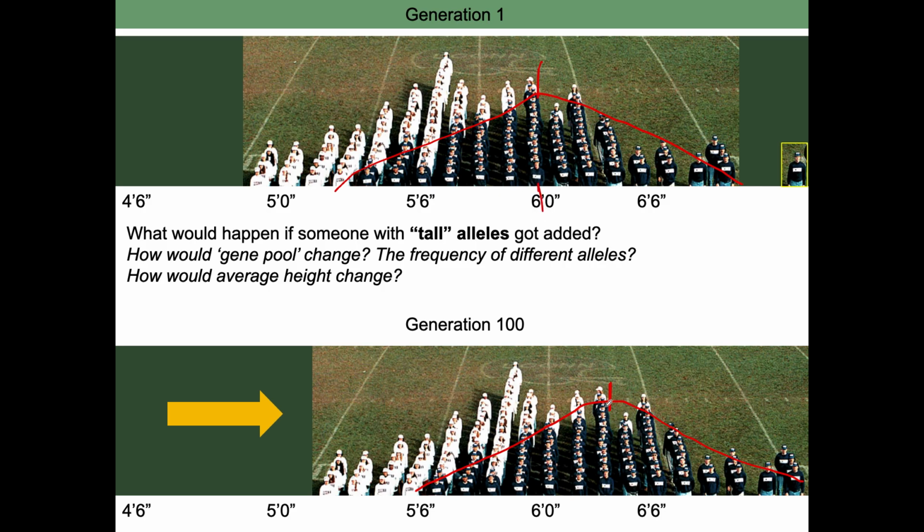The peak after generation 100 with adding more tall individuals would be like 6'4". The peak for the female group would be like 5'9" compared to a peak of 5'6". So that's an example of directional evolutionary change in the direction of taller heights in this scenario.